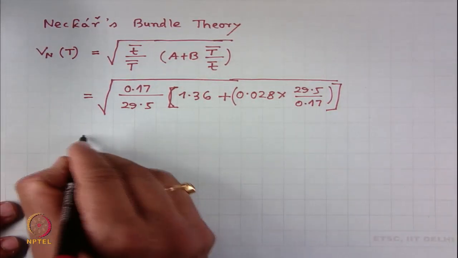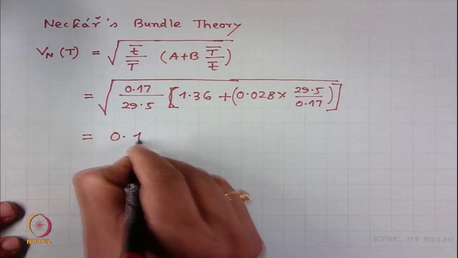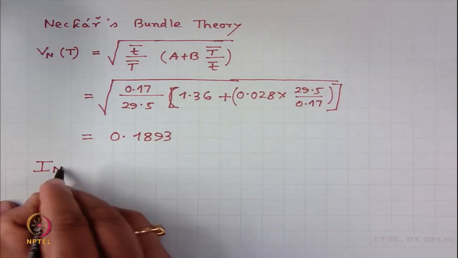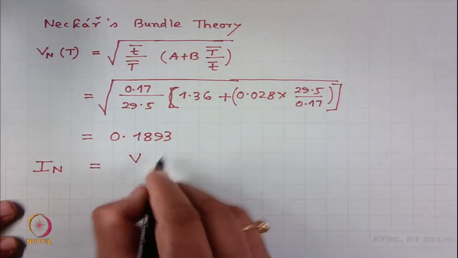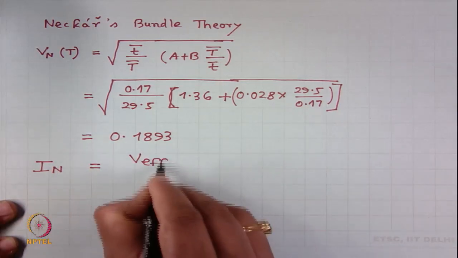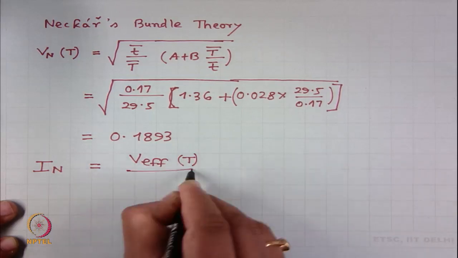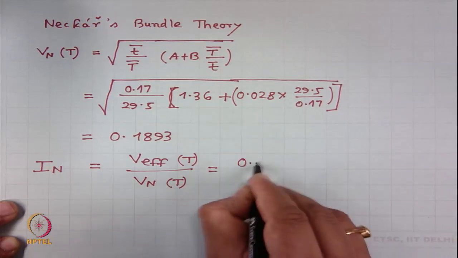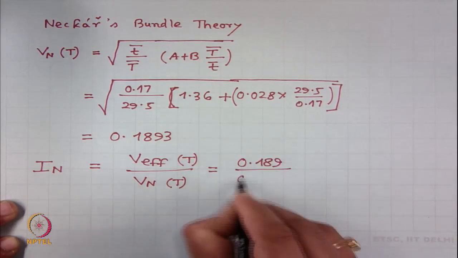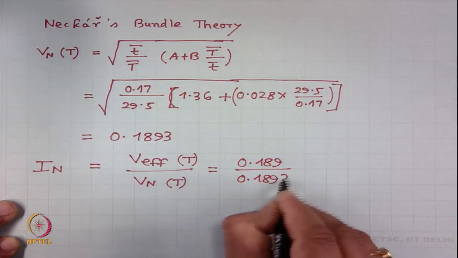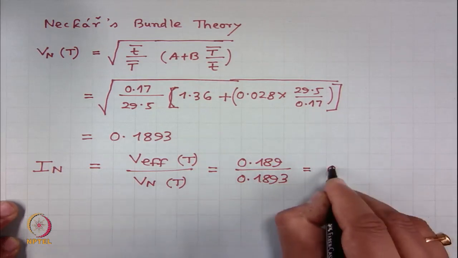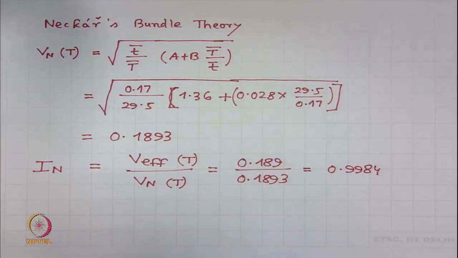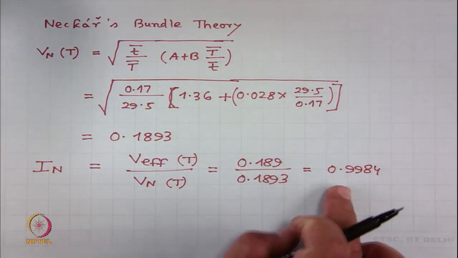So, this will lead to 0.1893, and then index of irregularity using Nesker's theory by this. So, 0.189, 0.1893. Close to 1.